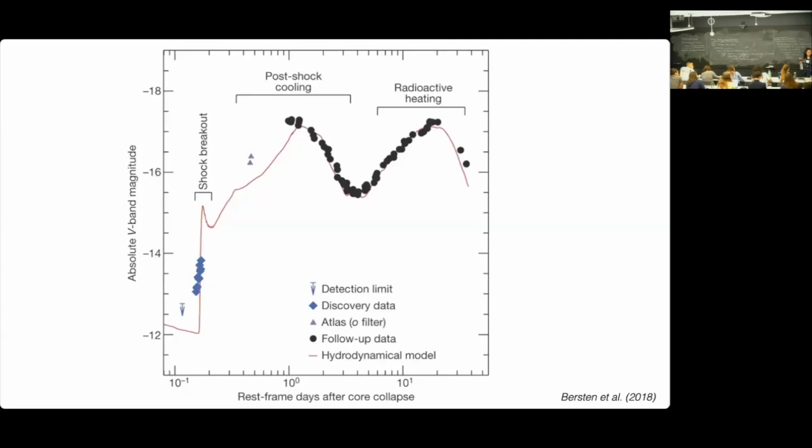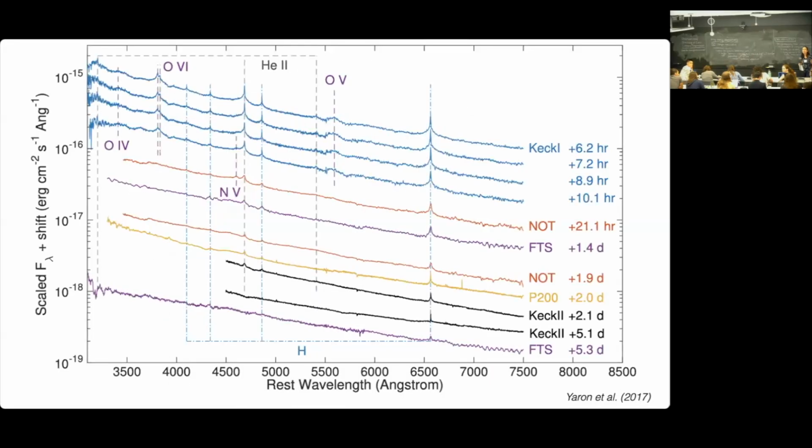I think maybe I included a sequence of one of these objects. Okay, yeah, this is a famous object where this was seen. So early on, you can see the first few spectra are all within a day. And then they're highlighting certain high ionization species that appear and then quickly are gone by the time you're at a day plus.